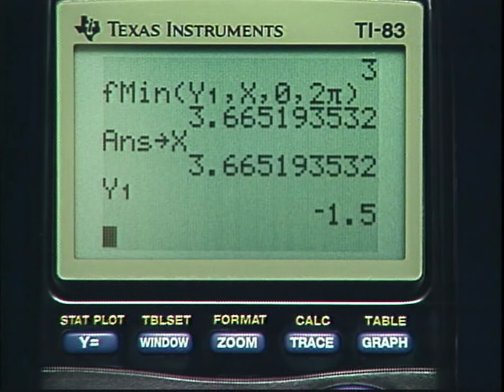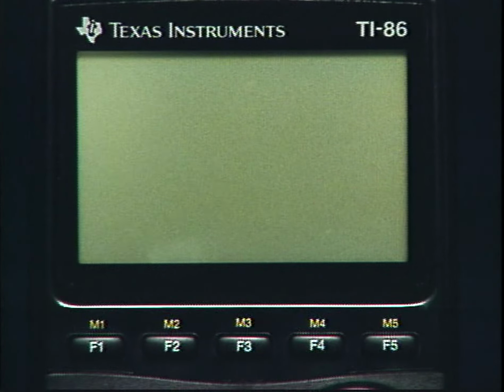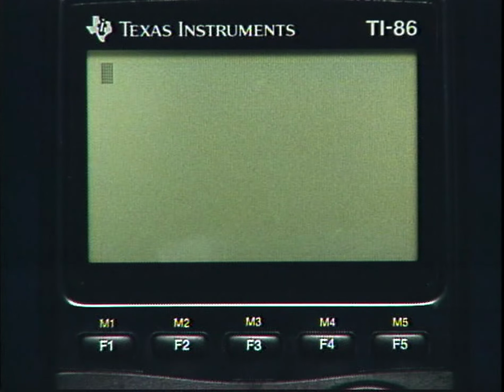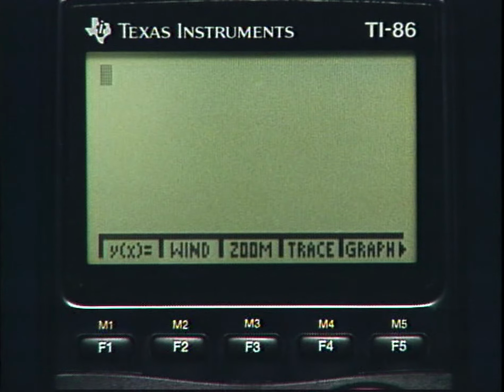Now, it turns out that using the TI-86, the situation is very much the same. We'll go through this graphical thing a little faster this time with the TI-86. It looks almost identical to the one before.